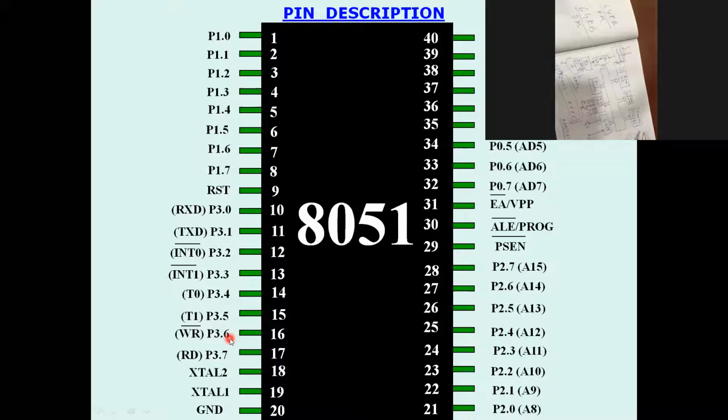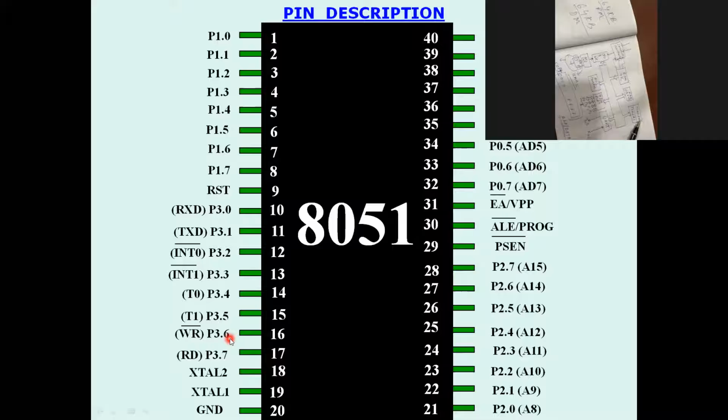This T0 and T1 are used for counter 0 and counter 1 operations. Is it clear? Yes, sir. Clock pulses for counter 0 operations come through T0. Clock pulses come through T1 at the time of counter 1.